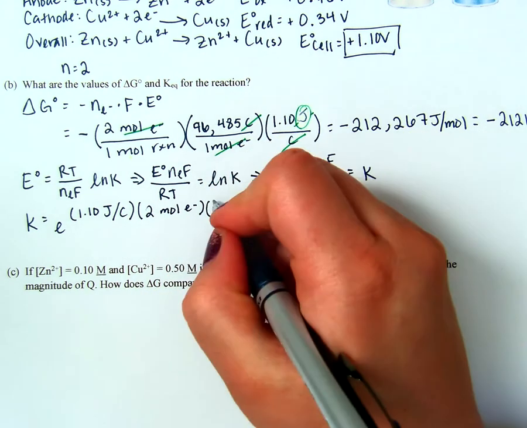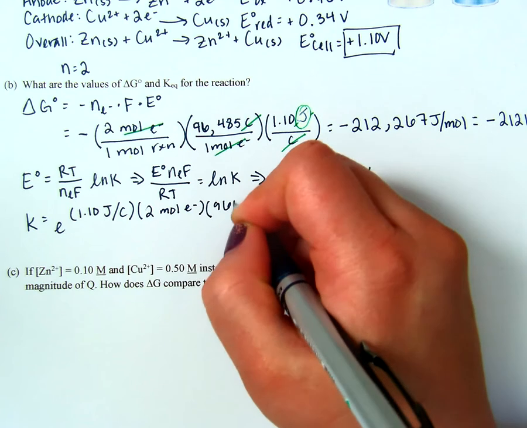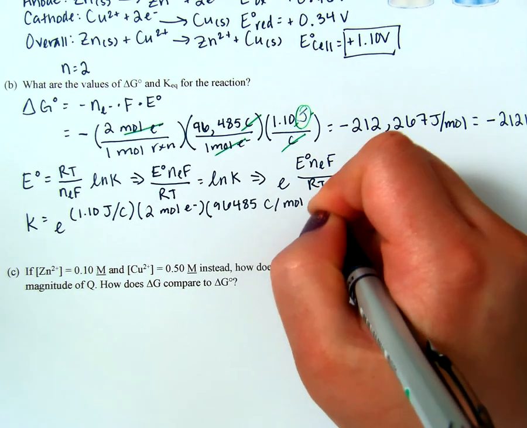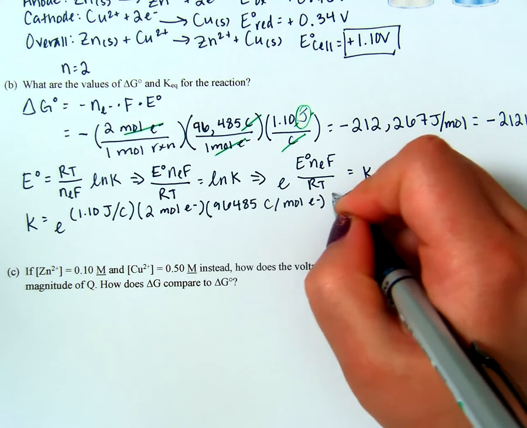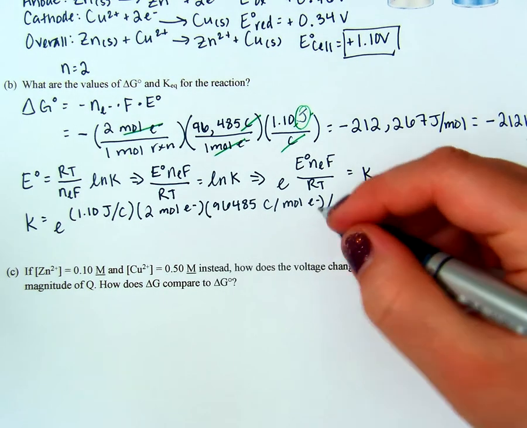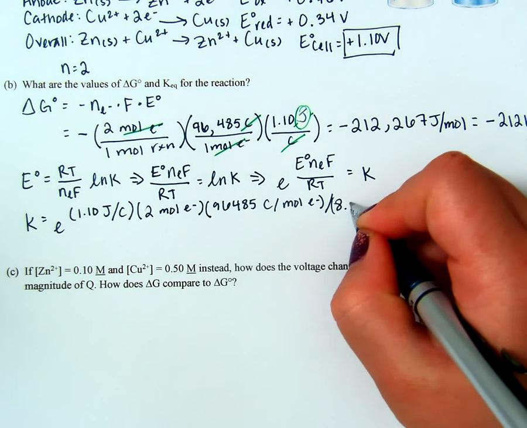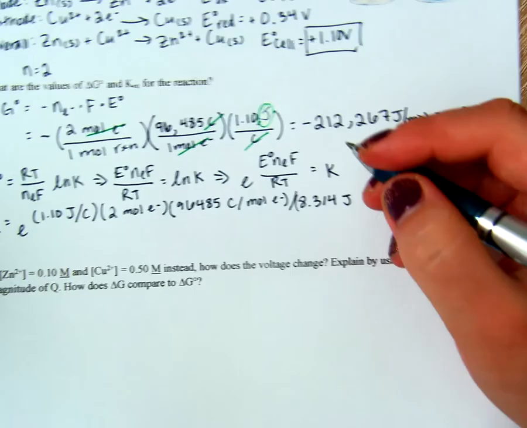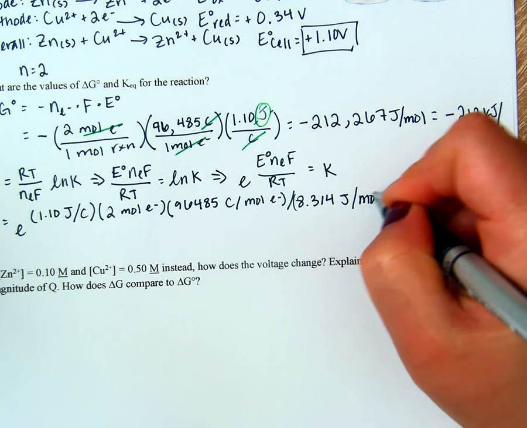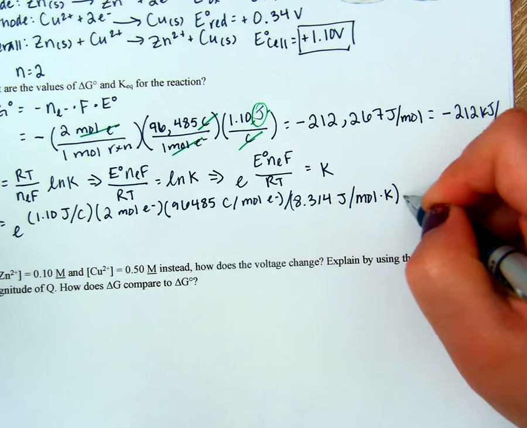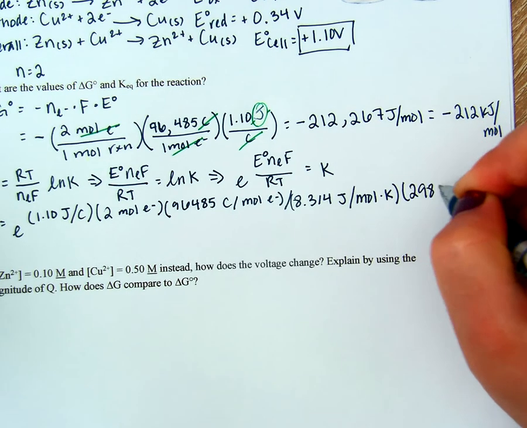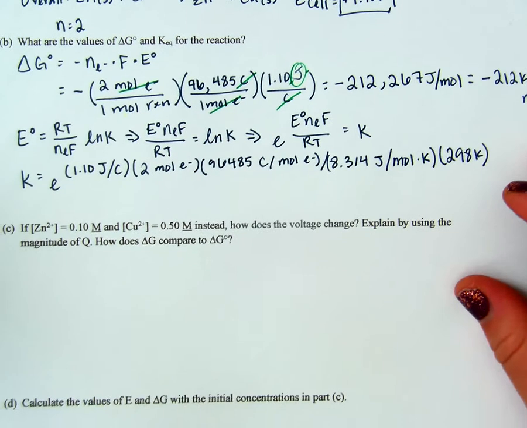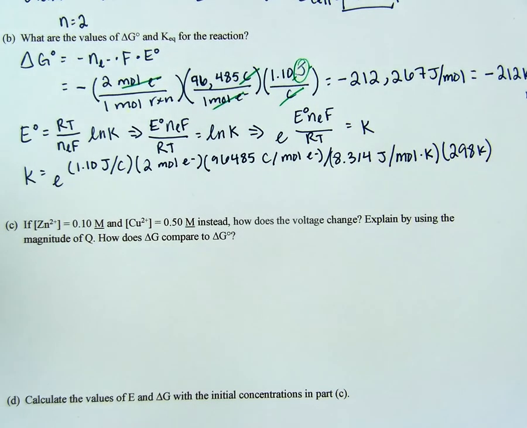Faraday's constant, 96,485 coulombs per mole of electrons over R times T. R is our ideal gas constant, so 8.314 joules over mole times Kelvin, and 298 Kelvin, because we said we're at 25 degrees Celsius. So add that to 273 to get your Kelvin temperatures here.